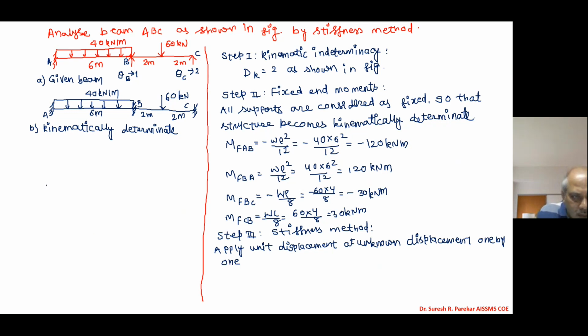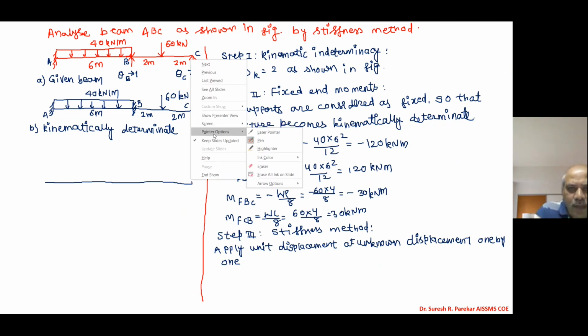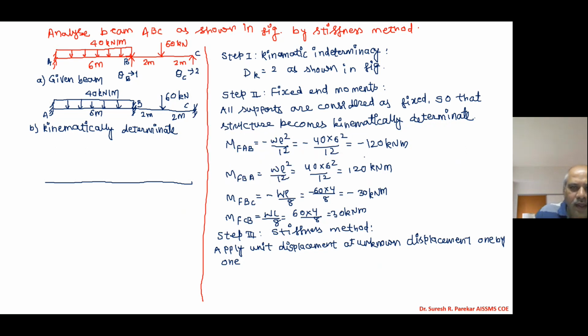So now we will apply unit displacement at B. Unit displacement at B, and we will go clockwise. So we apply unit clockwise displacement over here at B. At B only, so at A we have 0. So this will be theta B equal to 1.